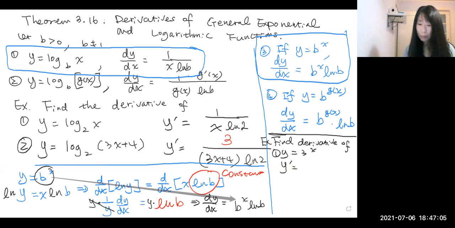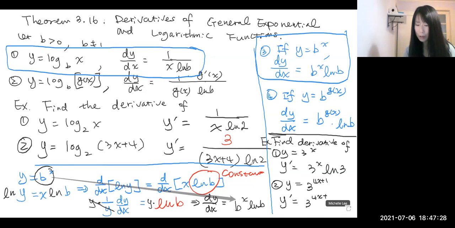Then we keep that 3 to the x power, then the base, ln 3. Okay. If there is a composite function, 3 to the 4x plus 1, how about that, right? We take the derivative. Then we just keep 3 to the 4x plus 1 and ln 3, then chain rule, right?